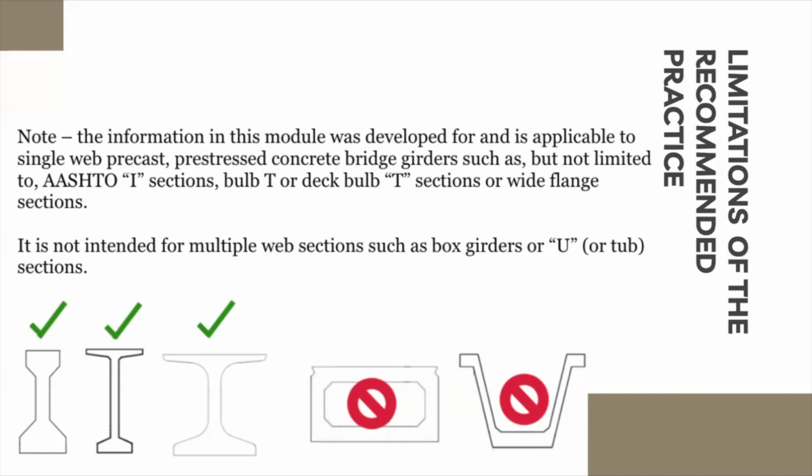At the bottom are examples of each one. To the right, you see the box girder and the U section girders, and to the left are the bulb T, the I beam, and the double T deck bulb T.